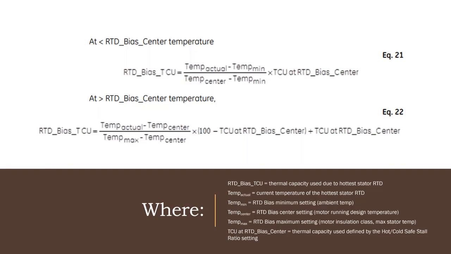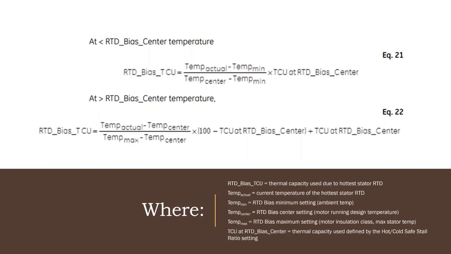In this slide, there are two equations. One of them is used if the actual stator temperature, which I'm going to call T RTD actual, the actual temperature that the relay is reading from the RTD, is greater than the RTD bias center temperature, which we input before in our relay settings.